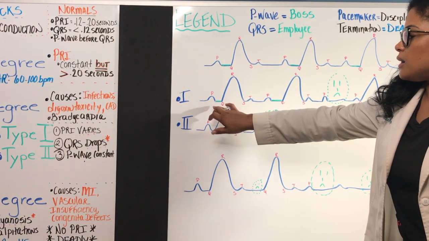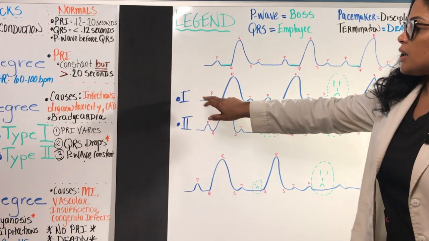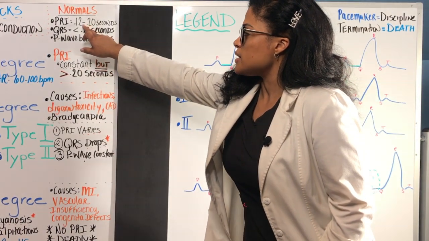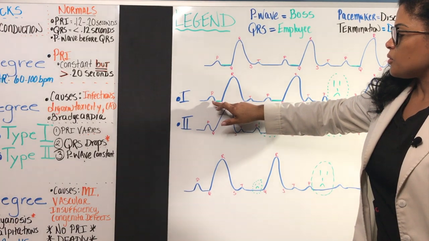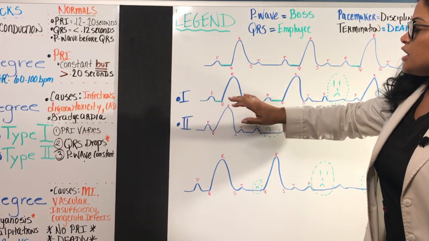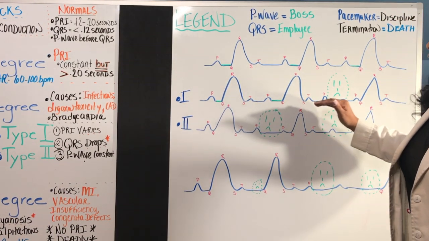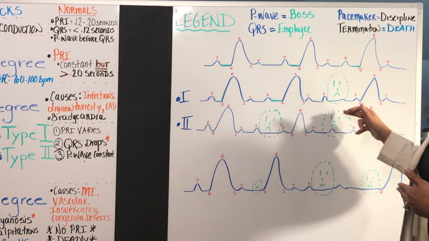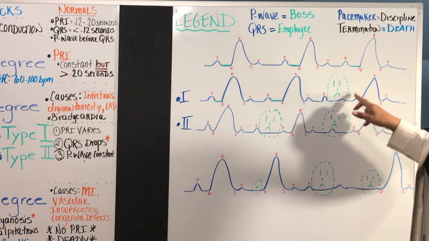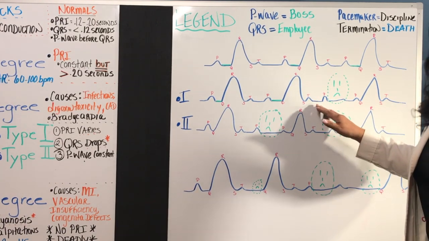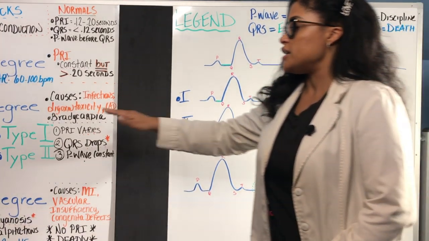You see the normal that says 0.12 to 0.20. This interval here from the P to the R is going to get a little longer and a little longer. And what happens? It can drop. So longer drop. So you see that there's no QRS complex. That is called a Wenckebach. That is what you call a type 1.